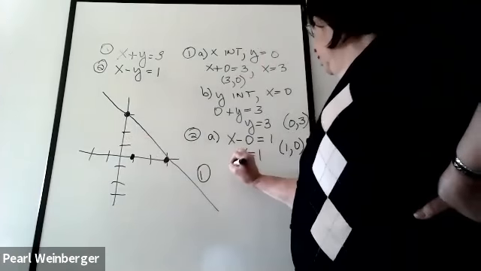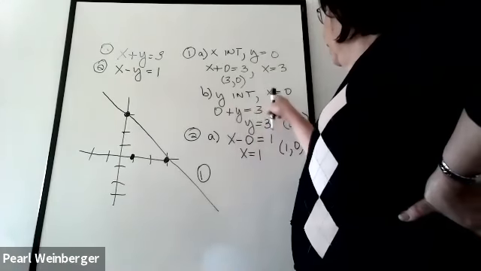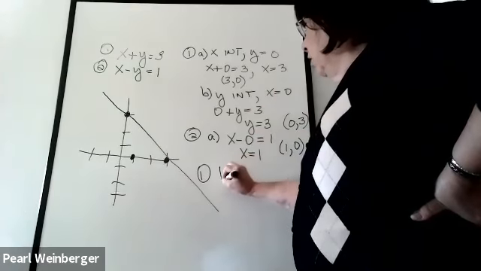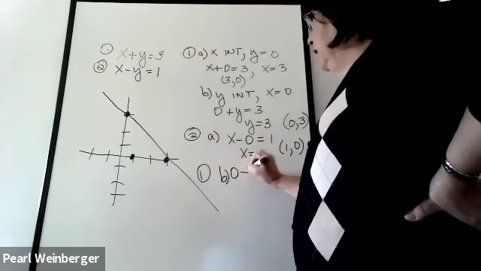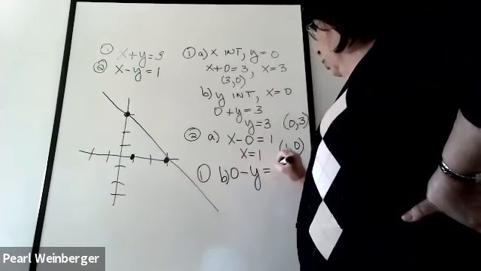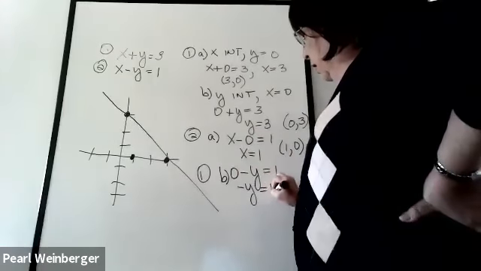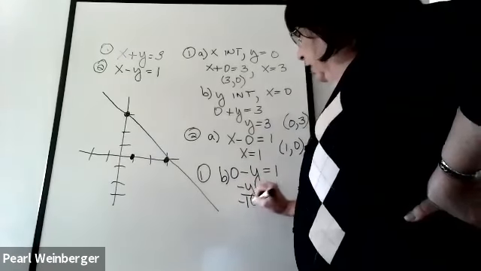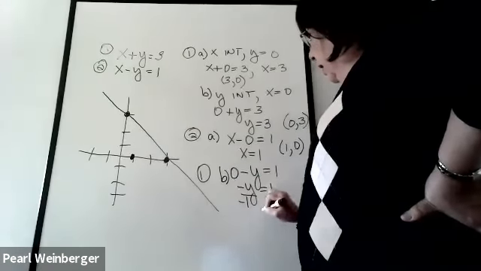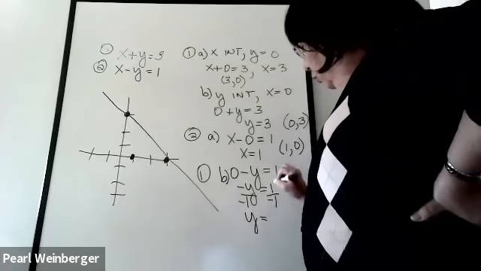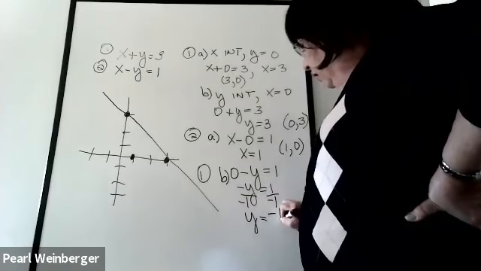And then to find the y-intercept, we'll let x equal 0, so that we'll get 0 minus y equals 1, which means that negative y equals 1. And when I divide by negative 1 to get y alone, I'll get y equals 1 divided by negative 1, which is negative 1.